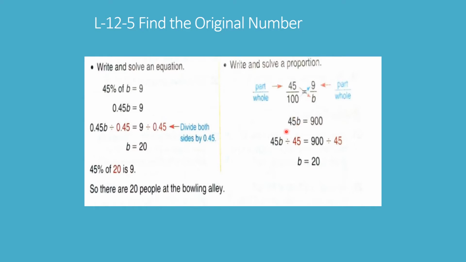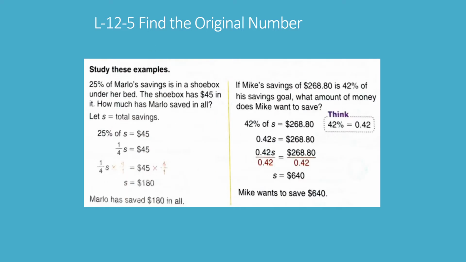Divide both sides by 45. What is the answer? The same answer is coming: b is equal to 20. Do you want to solve with the equation method or with the proportion method? It's up to you. Study these examples.